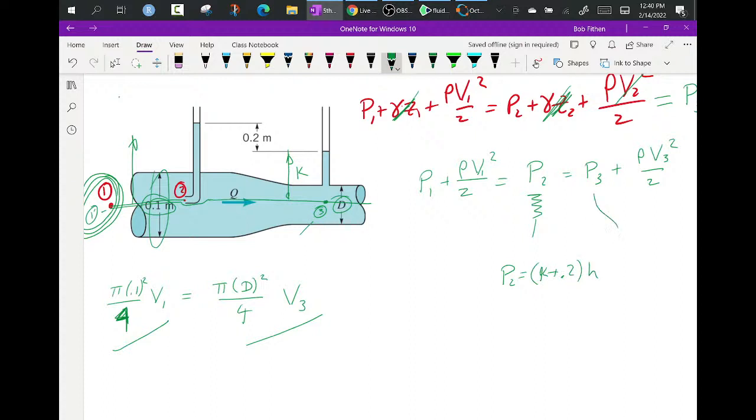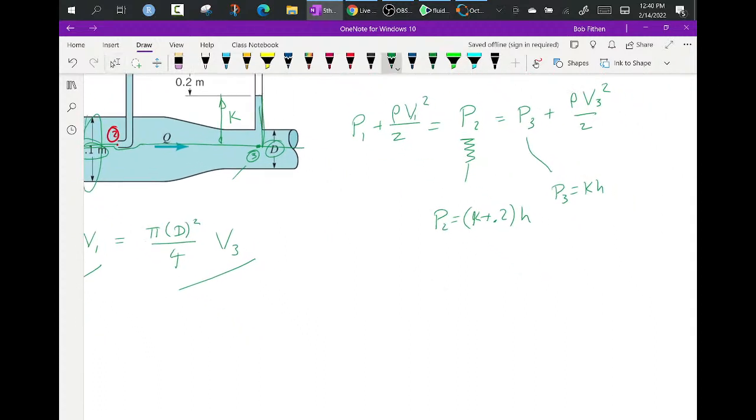Now, what's funny is P3 is just equal to k times the height. So let's write these down one more time.